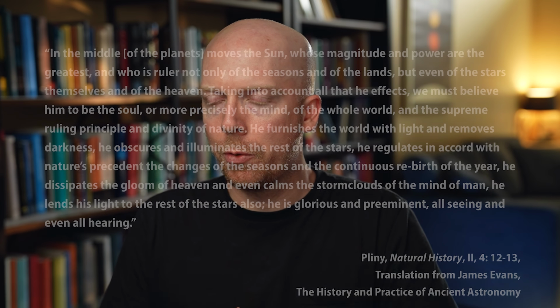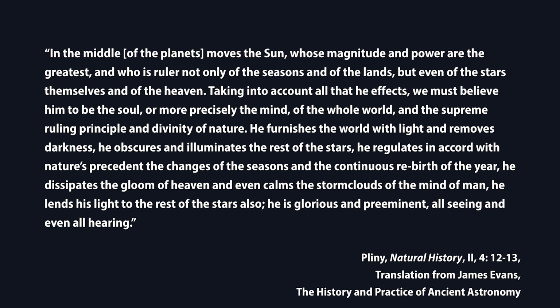And I think it's indicative of some of the more mystical interpretations of this planetary order that places the sun in the center of the cosmos. So I wanted to read it, and this is from James Evans' translation from his book on the history of ancient astronomy.